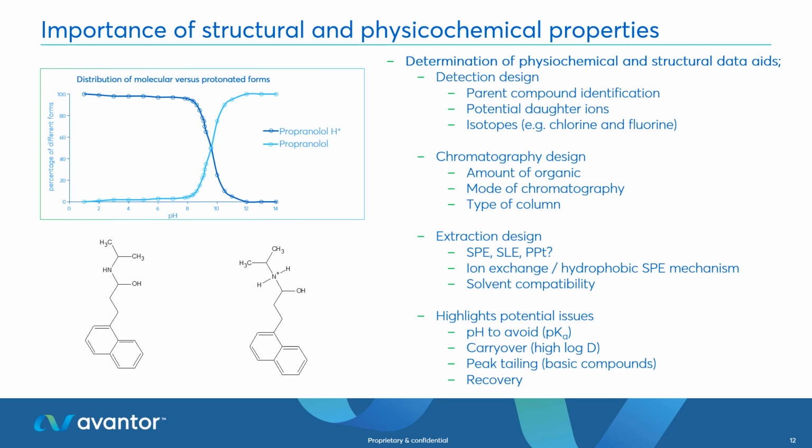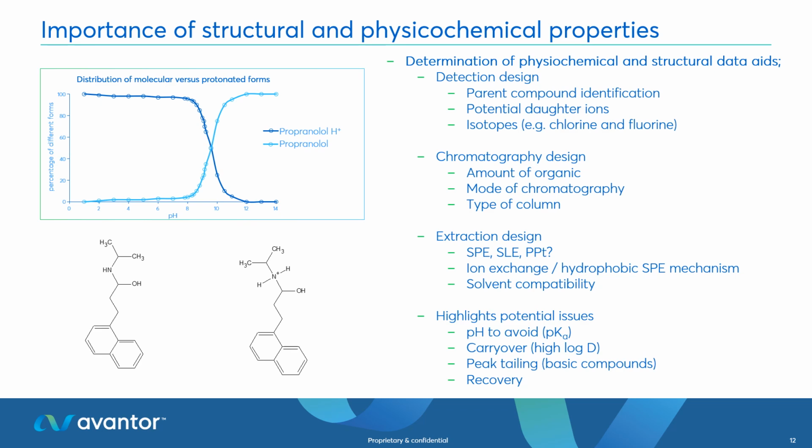This is a basic compound, and we know it's a basic compound because as we change the pH, we can add or remove a proton to it to generate a charged or an uncharged species. So at low pH, the molecule is charged, and at high pH, the molecule is neutral. The point at which that changeover between neutral and charged state occurs is around the pKa, which in this case is around 9.5.